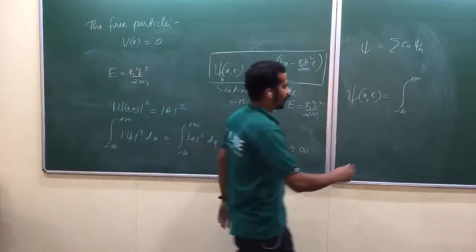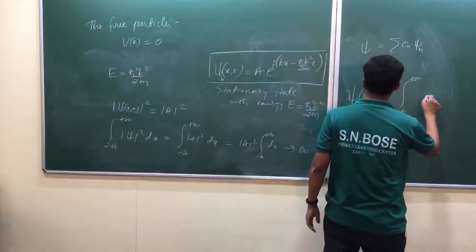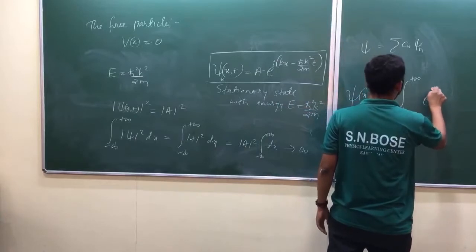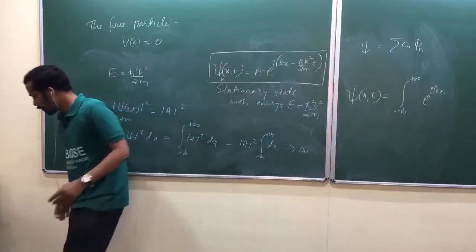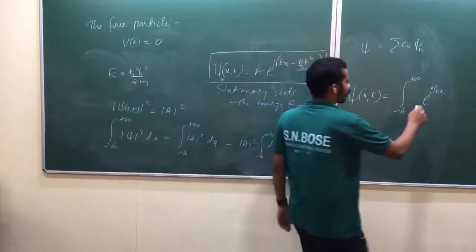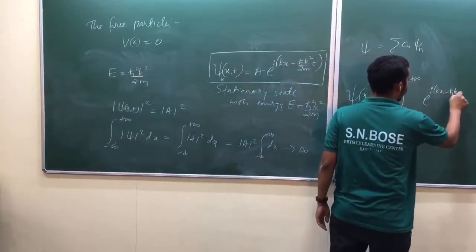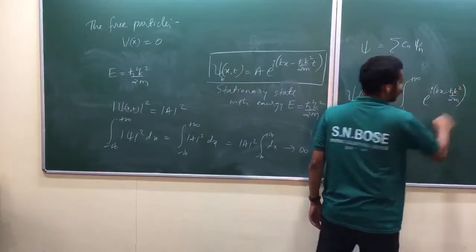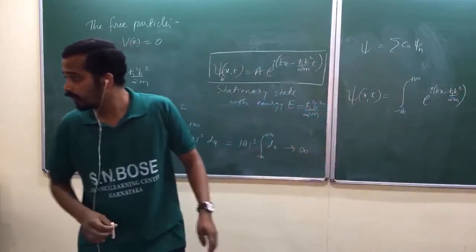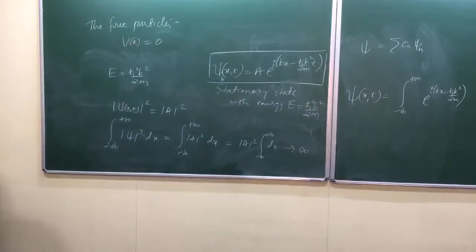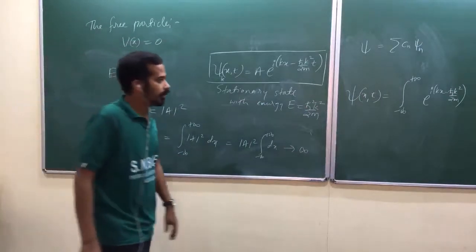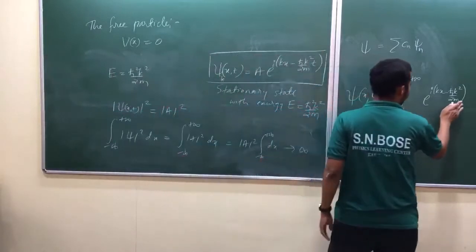So now I am going to write e power i kx minus h bar k square by 2m, minus h bar k square by 2m t.